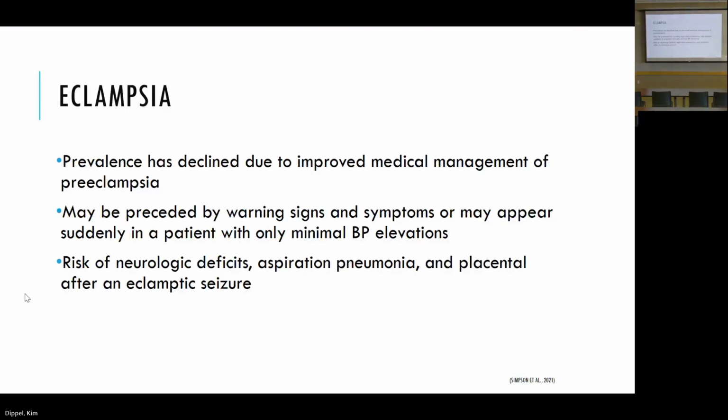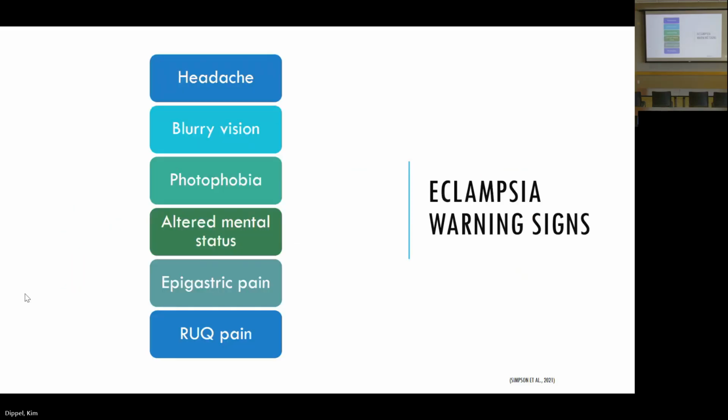Eclampsia, again, the prevalence has declined due to improved medical management. And it may be preceded by warning signs, but the risk of neurological deficits and aspiration pneumonia and problems with the placenta if the fetus is still in utero during an eclamptic seizure is a problem.